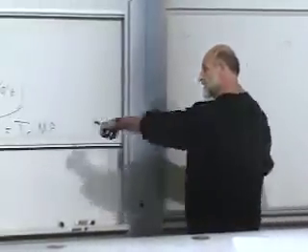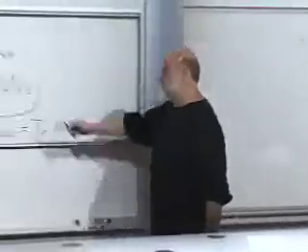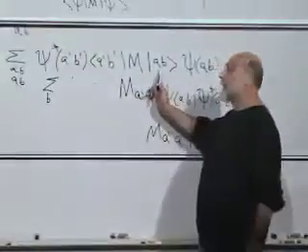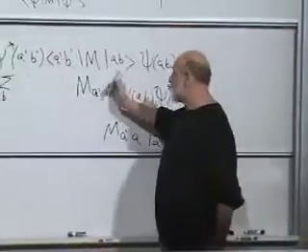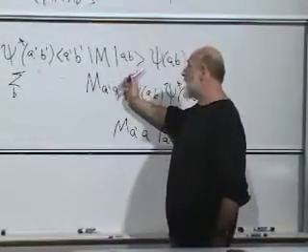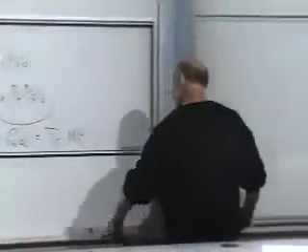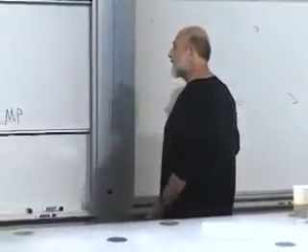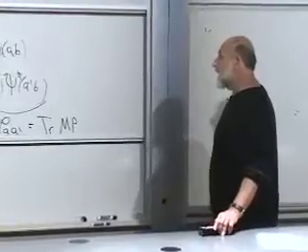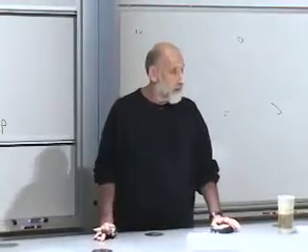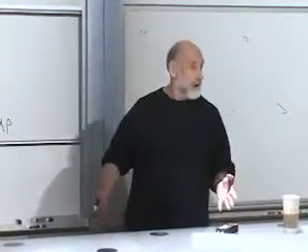All right? I assert that it's the trace of the matrix M. Now remember, M really only depends on A and A prime. B is completely passive. B prime has to equal B, and otherwise it just doesn't depend on B. So M is the identity on B. Acting on B, it does nothing.